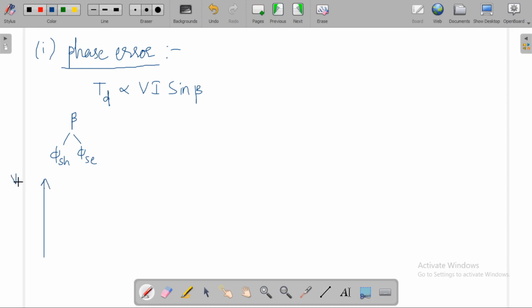Let this be phasor V phase or VL. Phasor IL: for a lagging load, current lags voltage by an angle phi.